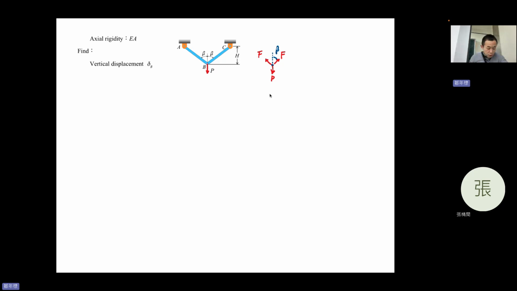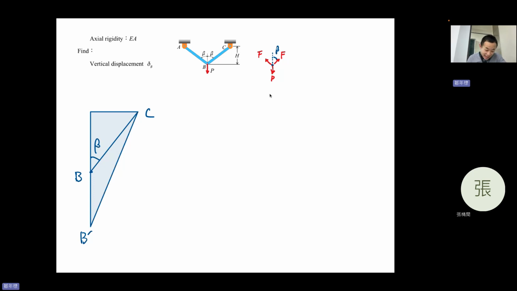And now we are going to draw figures for this type of configuration, with C, B, and this is beta.